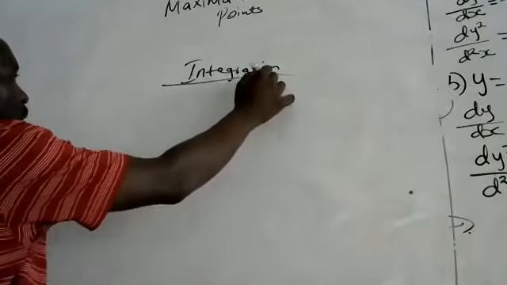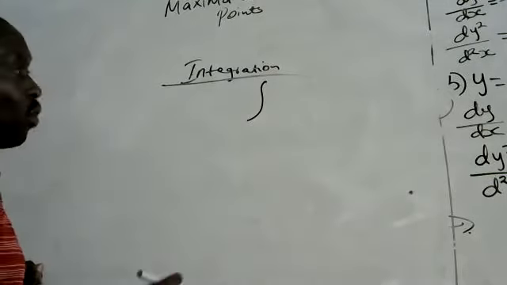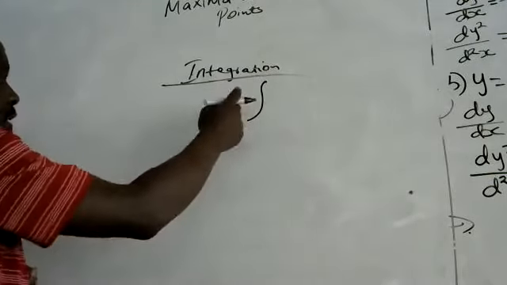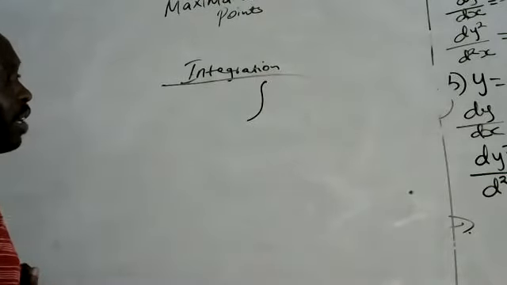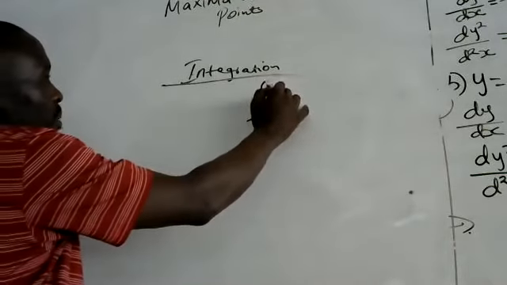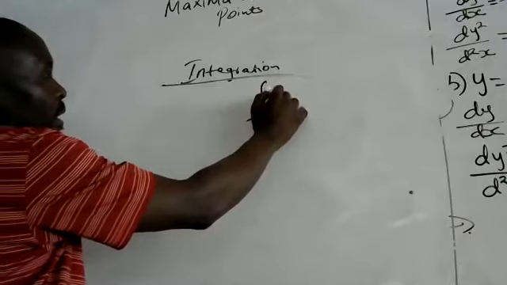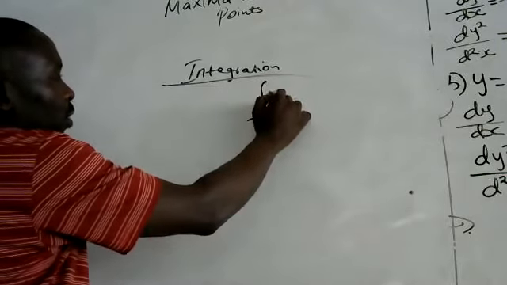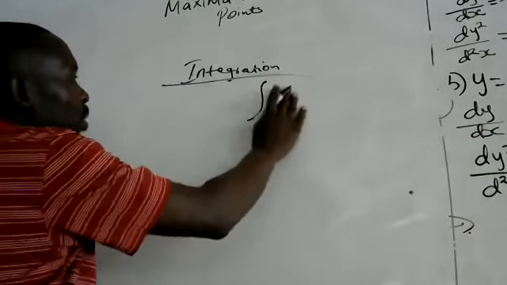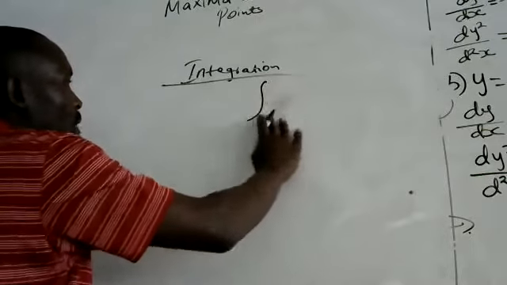If you are told to integrate, it is actually going to involve a sign like that. It is like an S, but it is an elongated S. Let me put initials here first of all.